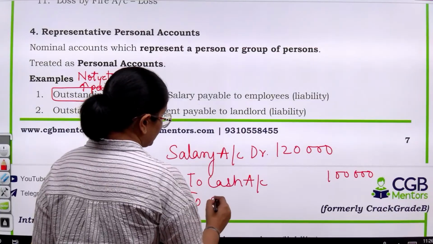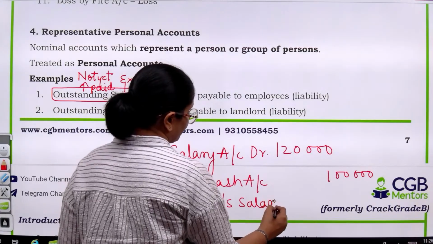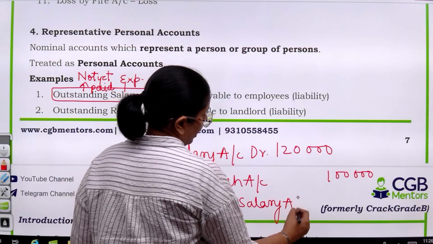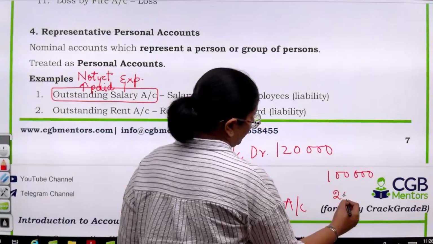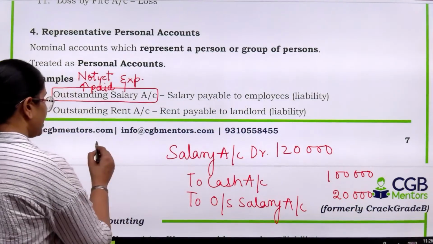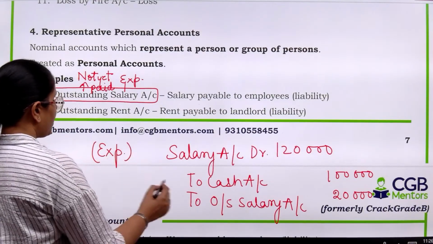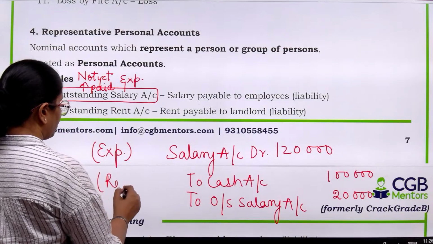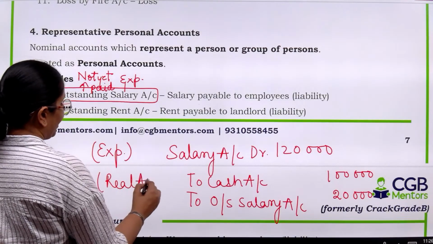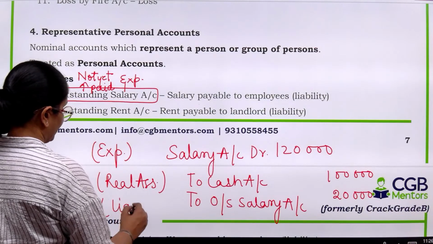Now that means I have not paid 20,000 rupees. Guys, see, this is your expense which you have completely recorded. You have also reduced your real asset, but by recording outstanding salary, you are recording a liability.